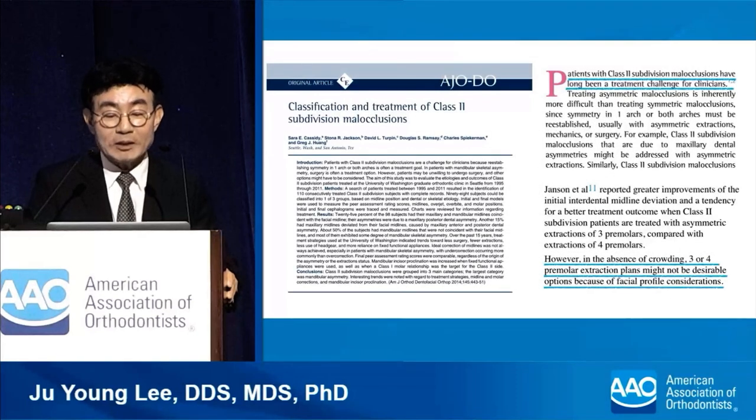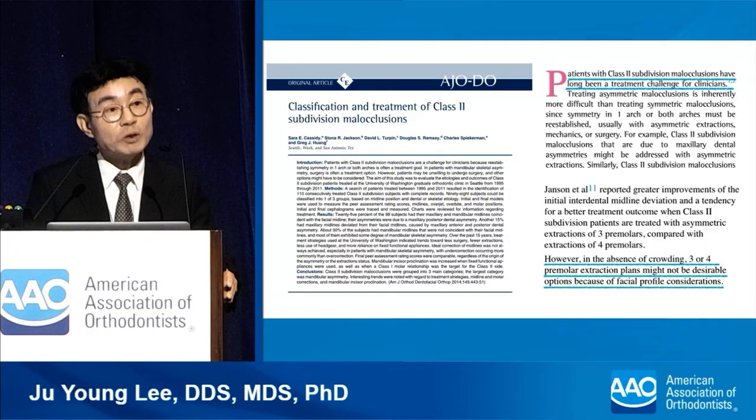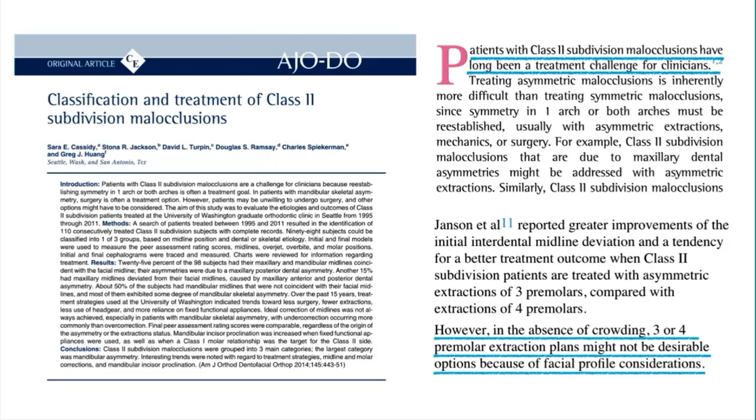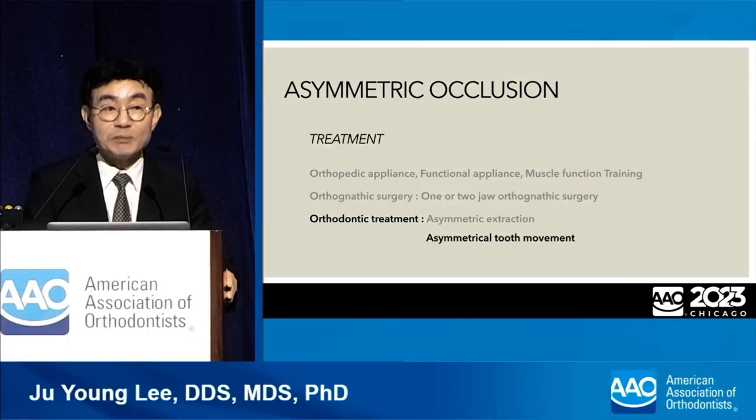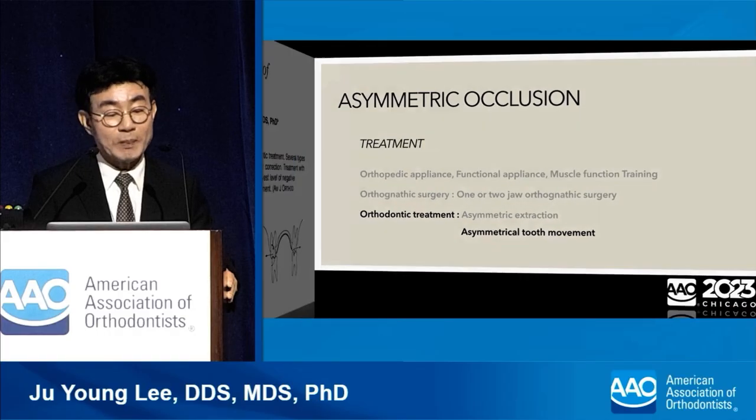However, the advantage of asymmetric tooth movement using tooth extraction cannot be utilized for patients who have fair lip appearance with mild tooth crowding. Therefore, efforts have been made to obtain asymmetrical tooth movement without tooth extraction.